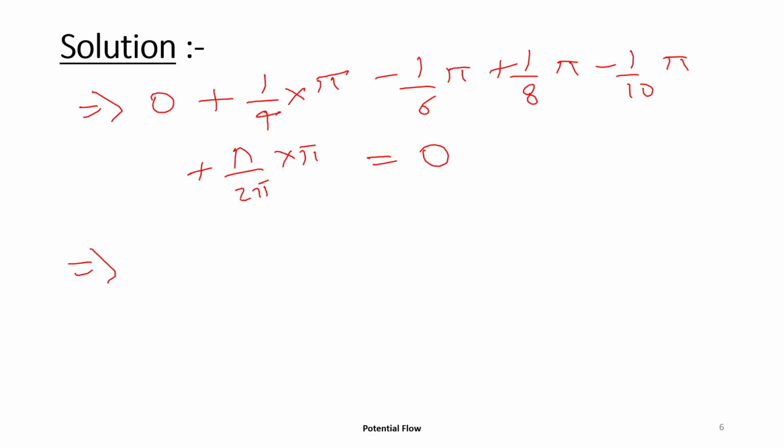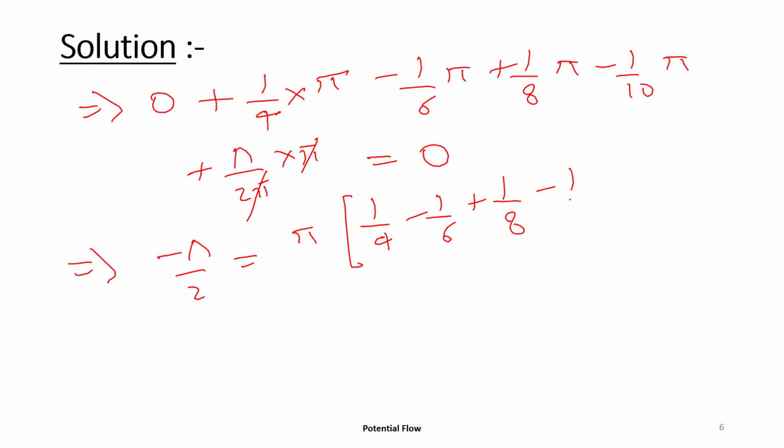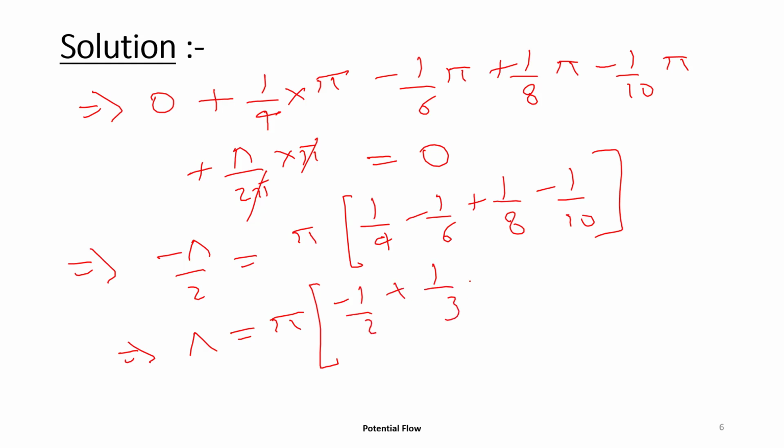So pi to pi will cancel, so minus gamma upon 2 equals pi times 1 by 4 minus 1 by 6 plus 1 by 8 minus 1 by 10, or it can be written as gamma equals pi times minus 1 by 2 plus 1 by 3 minus 1 by 4 plus 1 by 5.